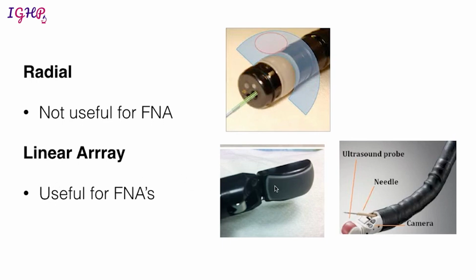The commonly used probes are the linear arrays, or linear probe, that we see for the Olympus needle also, and these linear probes help visualize the structures outside the GI mucosa. This is the ultrasonographic probe present at the end of the endoscope. Then there is a camera at the side of the endoscope, and there is also a slot through which the needle can come out if you want to take an FNA from the structures next to the GI tract.